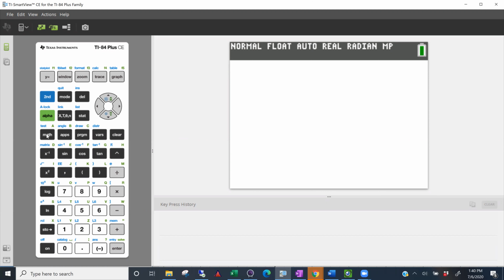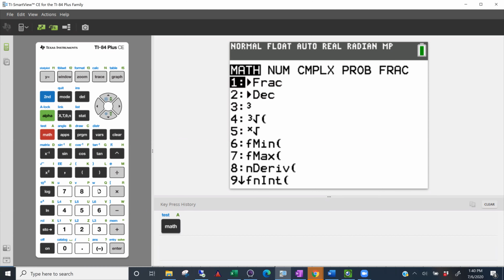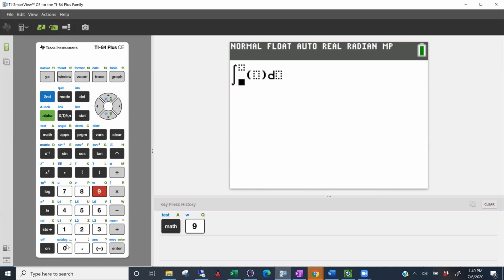So to help you out, hit the math key. Math 9. Oh, isn't that special? We want to integrate from negative 1 up arrow to 4, right arrow to the argument.